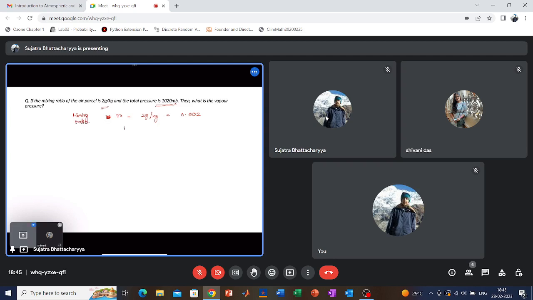Total pressure is given to be 1020 millibar, and I need to find out the vapor pressure, that is E. How to find out? Now see, R, the mixing ratio, is defined as density of vapor to that of the density of dry air. Now density of vapor using the ideal gas equation, we can write as E by R_V T. And what is rho d?